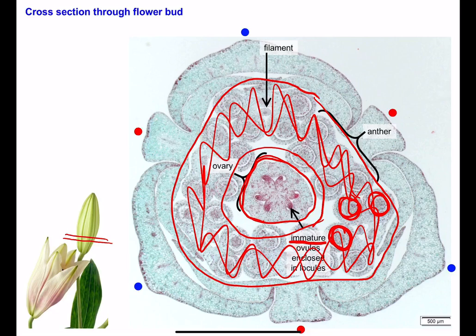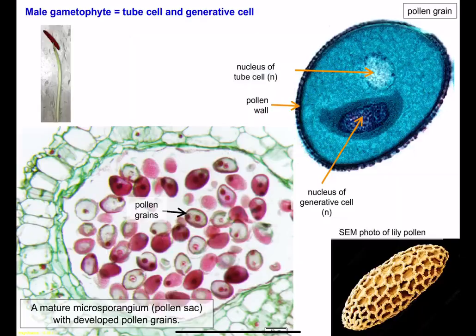So let's get into those nitty-gritty details. So here I've zoomed in on one of those microsporangia. This is another word for pollen sac. And really where I'm looking, if we were looking at a more developed, older structure that's developing the pollen grains, it would look like this.